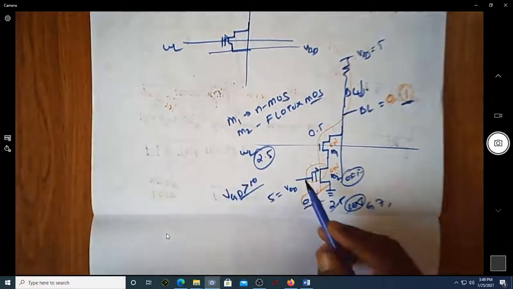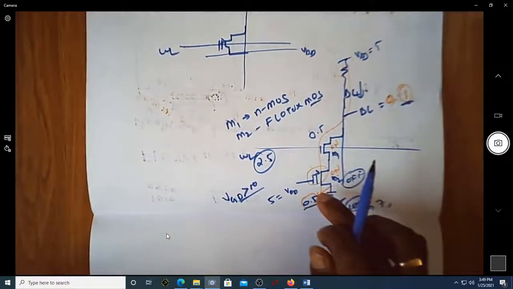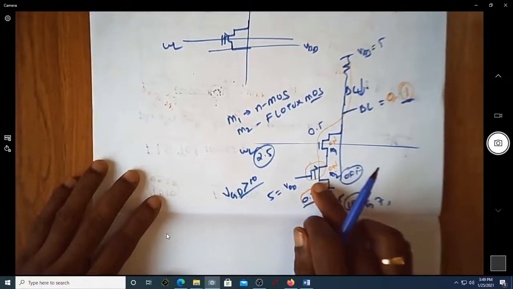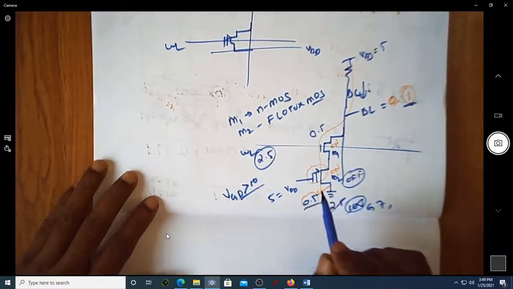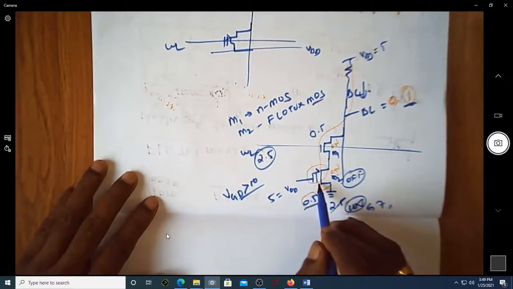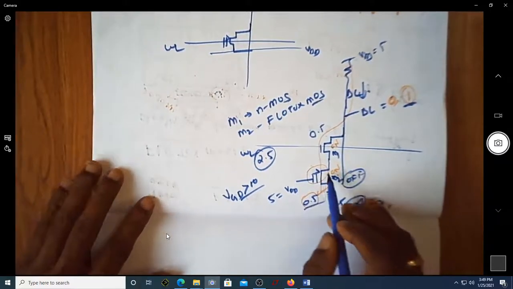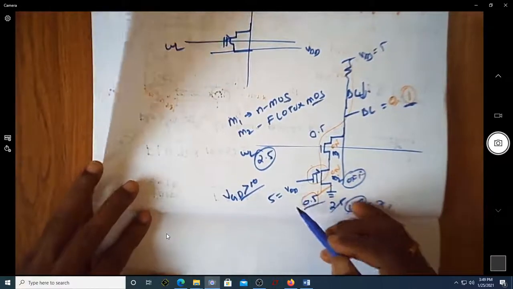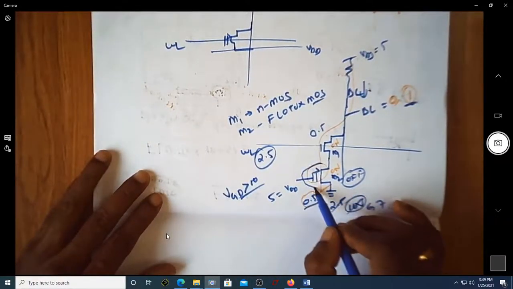Meaning, if you want to store a bit 1 here, you have to make this with an increased threshold voltage. If you want to store a value of 0 here, you keep the threshold voltage of this like 0.5. So during the programming period, you will be changing only this transistor.